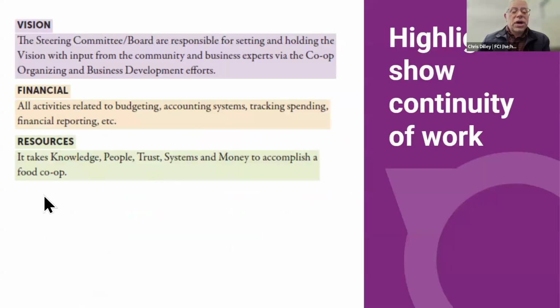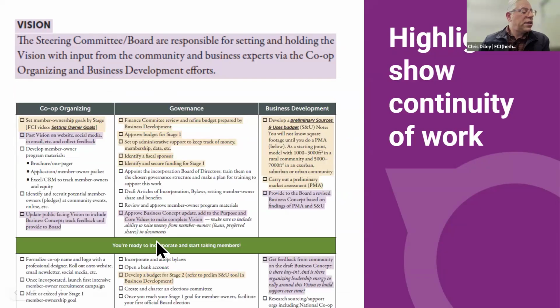Finally, structure-wise, there is a set of highlights. This is a tool that we've used. There are these purple, yellow, and green highlights, and different tasks within each section are highlighted with those colors.